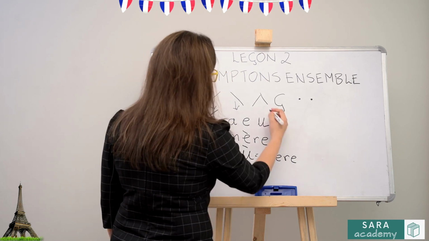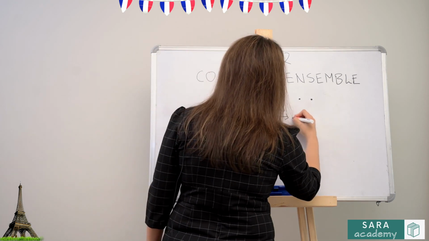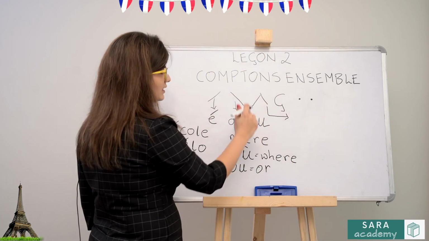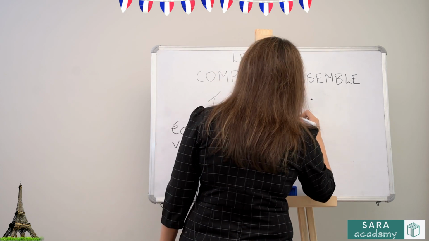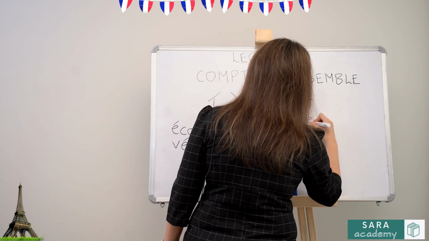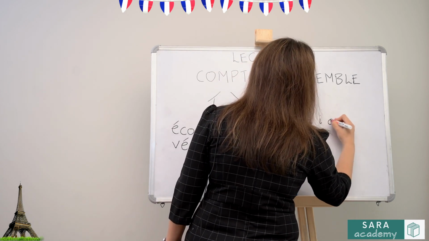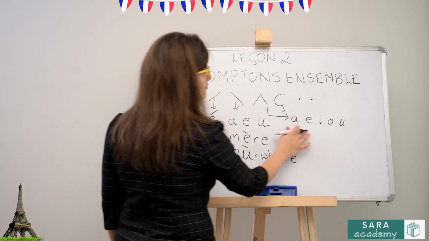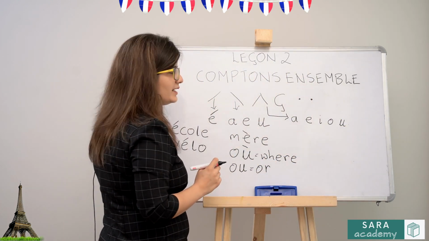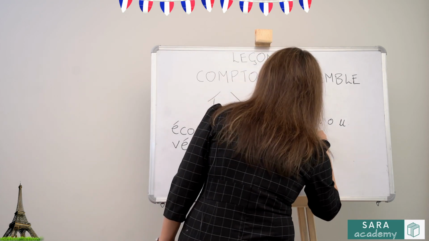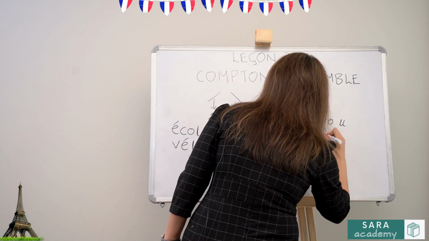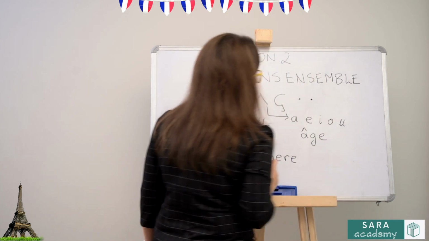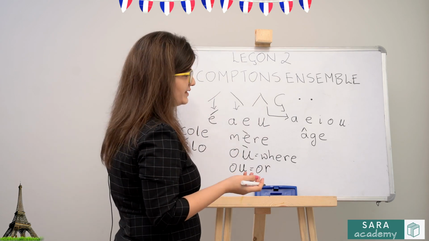The next accent is circumflex. It can come on any of the English vowels, A, E, I, O, U. So for example, âge, which means age.